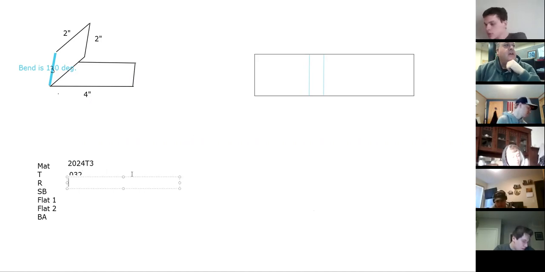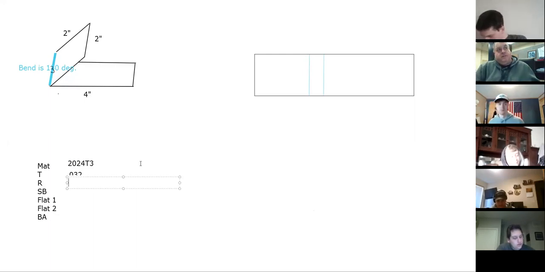And Lake, using the chart on page 4-62, what would the minimum radius be for this piece? 0.12.